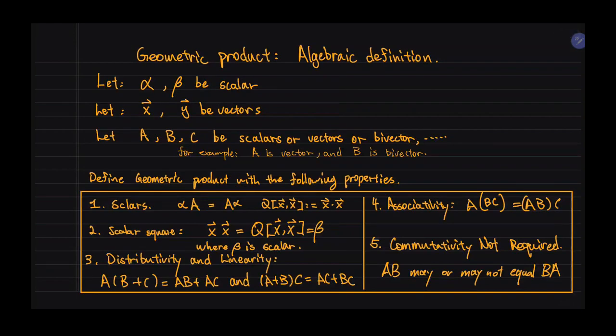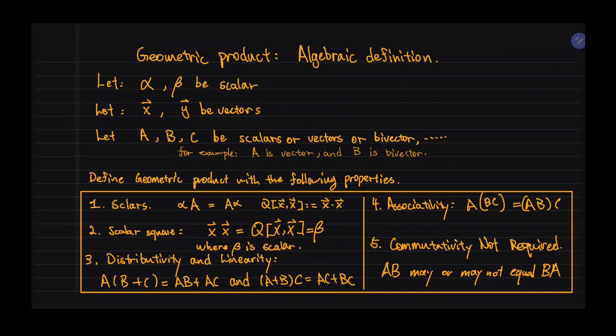Now we introduce the more general definition of the geometric product, which will be defined in terms of an algebraic definition. Before we go to the definition, we would like to specify the symbols we use.